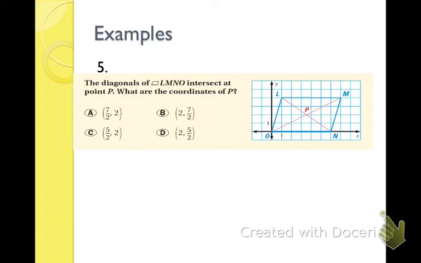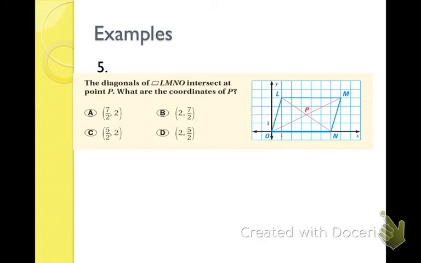Logan, what do they do? They bisect each other. So what could we say about this point P in relation to this line LN? Either line, it doesn't matter. What is that point? How could we describe that point? Good. It's the midpoint because the diagonals bisect each other.